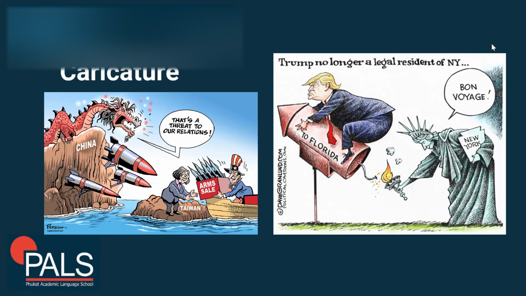Tsai Ing-wen is also a caricature. She is personified as she is drawn to be small and humble and old and harmless. And the meaning behind this cartoon, the deeper meaning I presume the illustrator meant, is that China, while acting aggressive and much larger and much more dangerous, calls the simple act of a humble, small, harmless Taiwan trying to defend themselves a threat to relations.